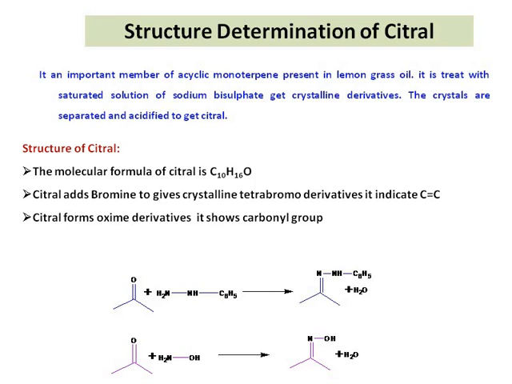When lemongrass oil is treated with an excess of saturated solution of sodium bisulfite, citral forms crystalline bisulfite derivatives. Then the citral can be extracted with ether, and the ether can be evaporated. Finally, it can be purified by distillation in vacuum.